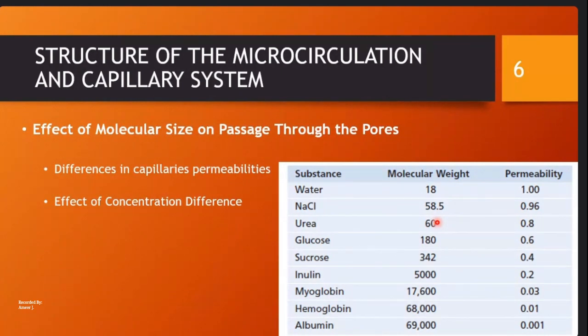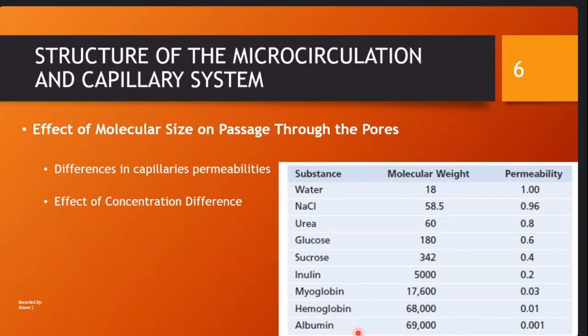And when you see another molecule such as inulin, which has a molecular weight of 5,000, the permeability reduces to just 0.2. And eventually albumin, the largest component in the plasma, which has a molecular weight of 69,000, has the lowest permeability across the capillary wall.